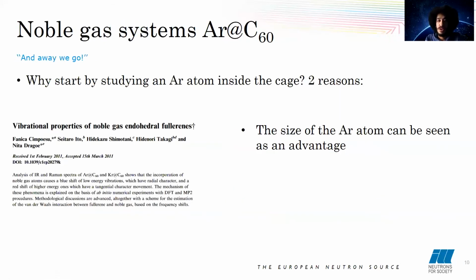Okay, so now this is the first part of my results, and I've decided to start by studying an argon atom inside C60 rather than helium or neon for two reasons.